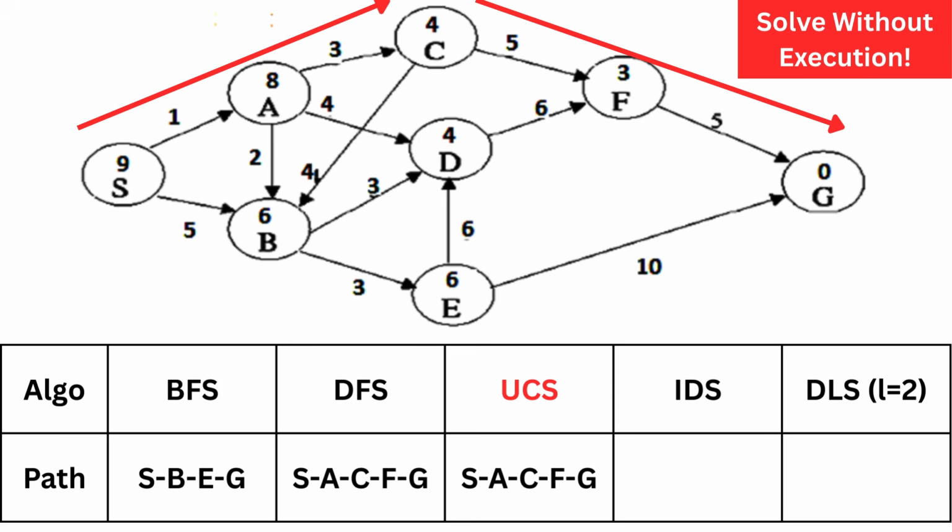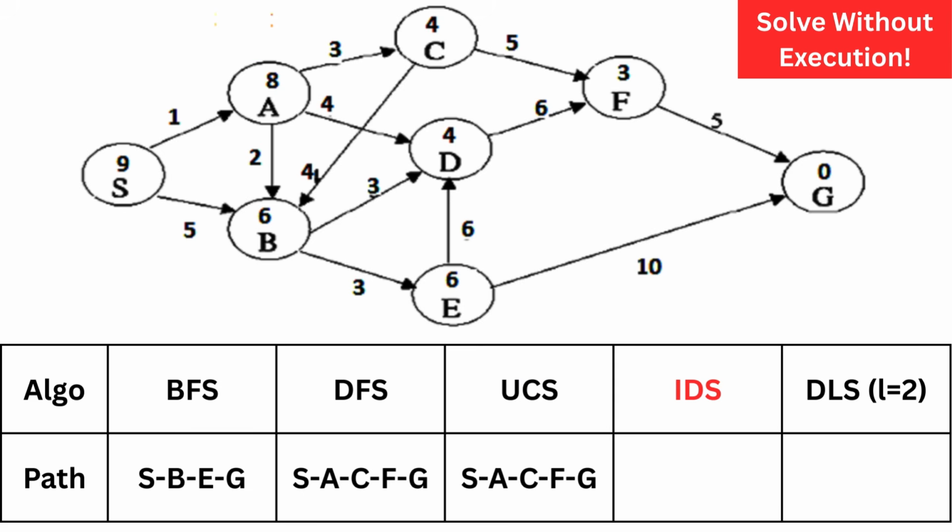If we take S, B, E, G, it will give us 18. So if we look at the other remaining paths, I think none is shorter than S, A, C, F, G that gives us the cost of 14. So by using the property of UCS that brings us the optimal path, we can write S, A, C, F, G without executing the algorithm.